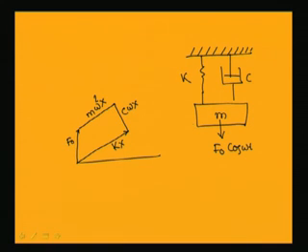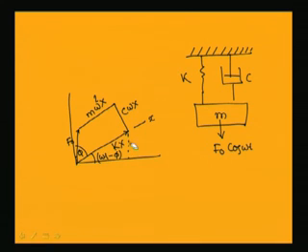If I draw a horizontal reference line and a vertical line, this is the x, this angle is phi and this angle is omega t minus phi. The vertical component of k x equals k x sin omega t minus phi.